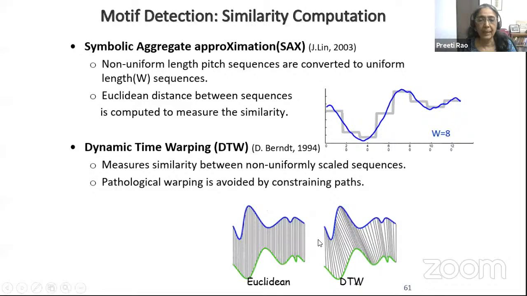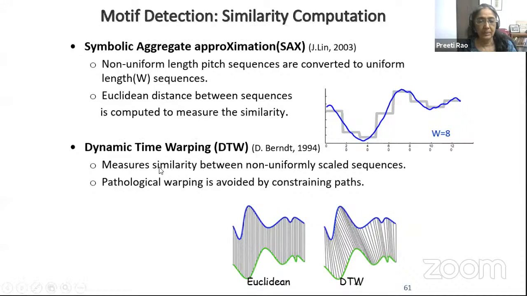So if we have to compare phrases, we need to do similarity computations at a different level. For example, we cannot just simply quantize the melodic contour shown in blue into the discrete notes and do a matching, because chances are very high that the durations of the melodic contours are different. And how do you match 2 sequences of different duration?